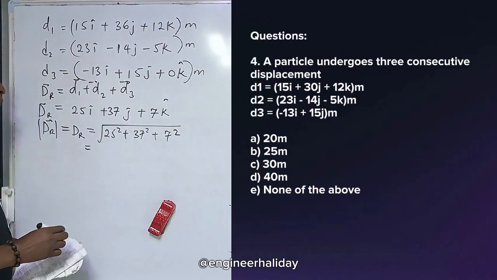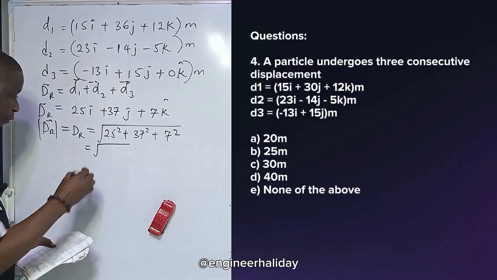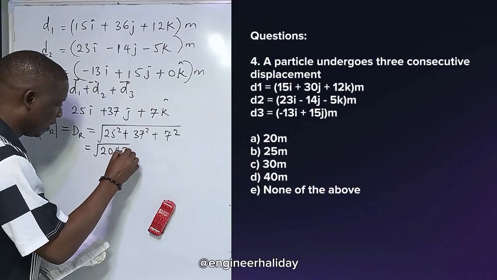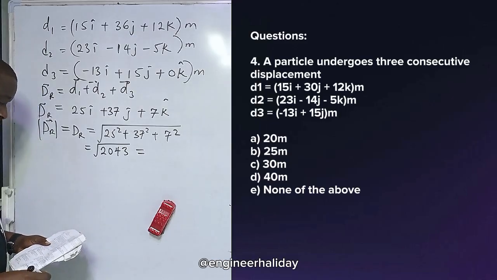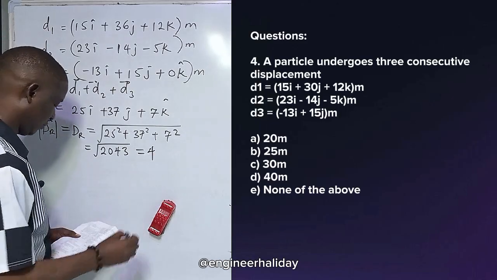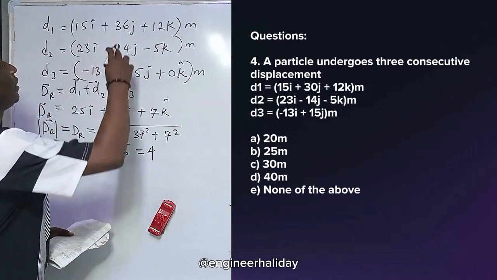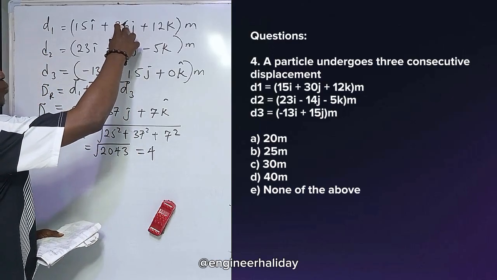So what do you have now? Square root of 2043, which is 45.2.